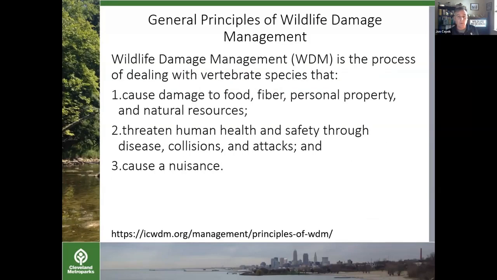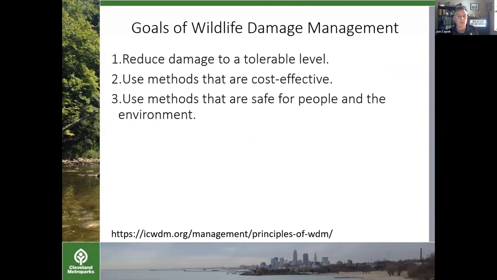And the Internet Center for Wildlife Damage Management says that wildlife damage management, which I will refer to as WDM often in this presentation, is the process of dealing with vertebrate species that cause damage to food, fiber, personal property, natural resources, threaten human health and safety through disease, collision, attacks, or cause a nuisance. And lists these goals: reduce damage to a tolerable level, use methods that are cost-effective, use methods that are safe for people and the environment.